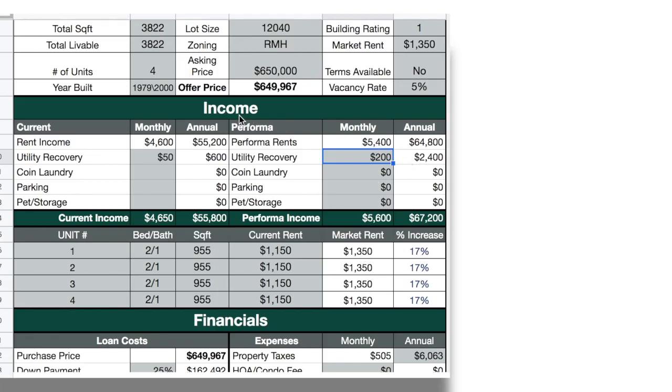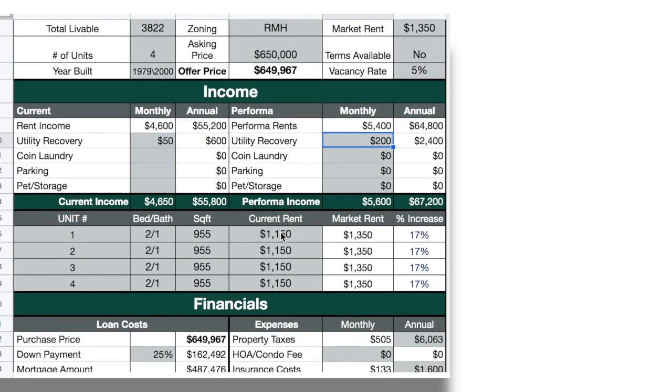So total annual income goes from $55,800 to $67,200. And that's our business plan. This part is just showing the unit breakdowns and what the percent increase is going to be. The higher this number is, the more likely you're going to have turnover, unless you can really justify the $250 a month increase to the folks that are living there.